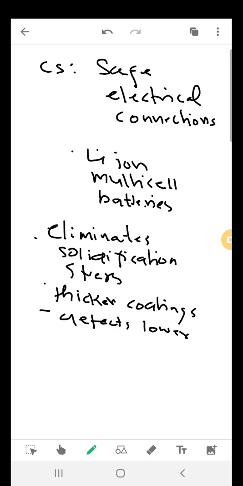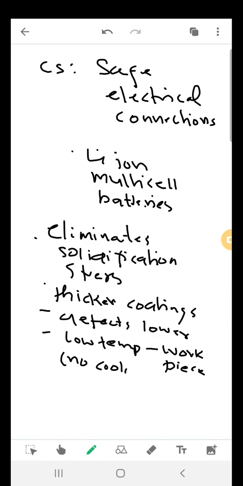Lower heat input, since we are using a low temperature to the workpiece, so there is no cooling required in the process. There is no cooling system required, unlike other cases.